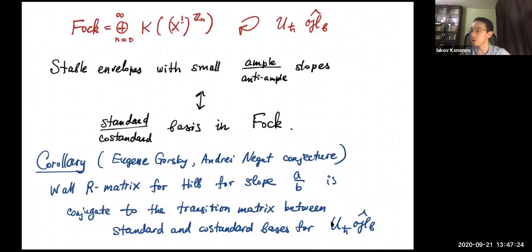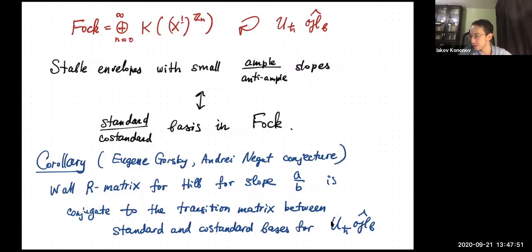The K-theory of such a variety for the cyclic quiver is the Fock module for the quantum group U_q(gl_B hat). And stable envelopes with small ample or anti-ample slopes correspond to standard and co-standard bases in the Fock representation for such algebra.